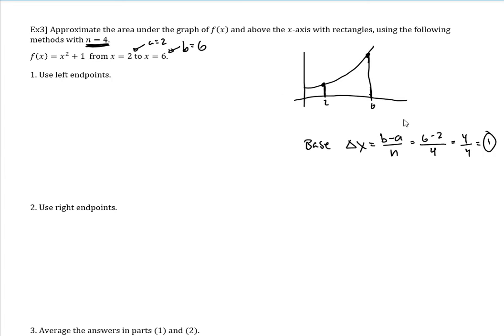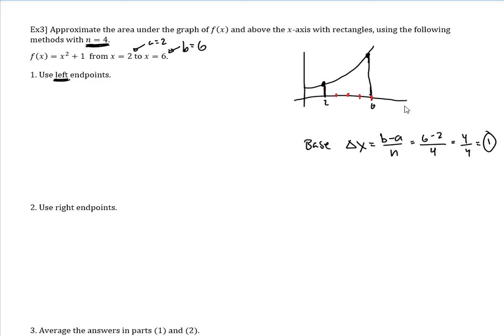Okay, so what I want to do now is every one length I want to label on my x-axis. So from 2 to 3 to 4 to 5 to 6. Okay, and then that's where I'm going to start to draw in my rectangles. Now, it says to use our left endpoints. So that means starting at the 2, I drew a rectangle until I hit this dot.